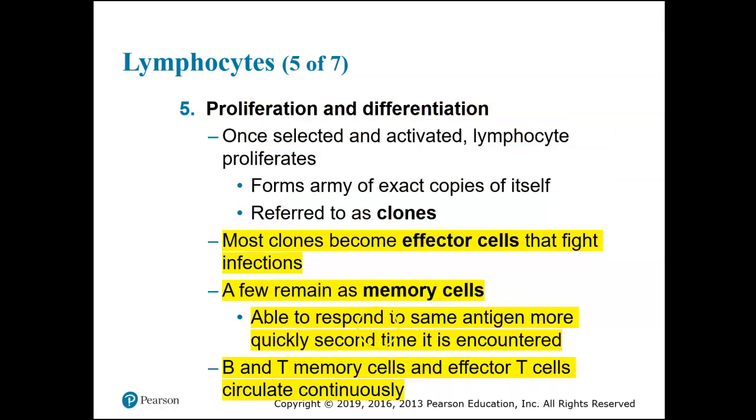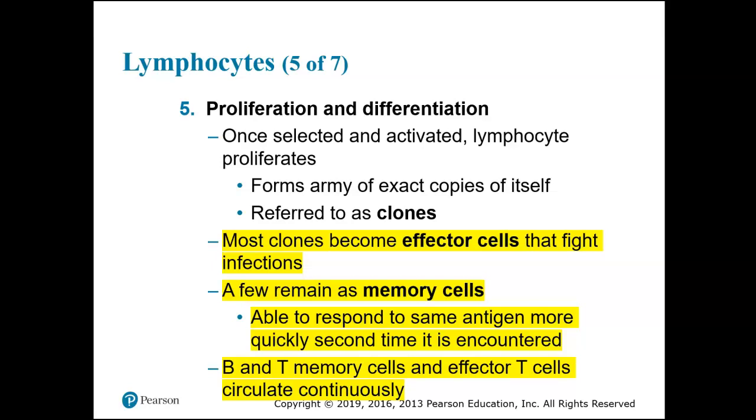And then proliferation and differentiation means that they're going to divide and grow in number, and then they're going to differentiate into specific types of T and B cells. Most of the clones of B cells and T cells become effector cells that actually fight infections.